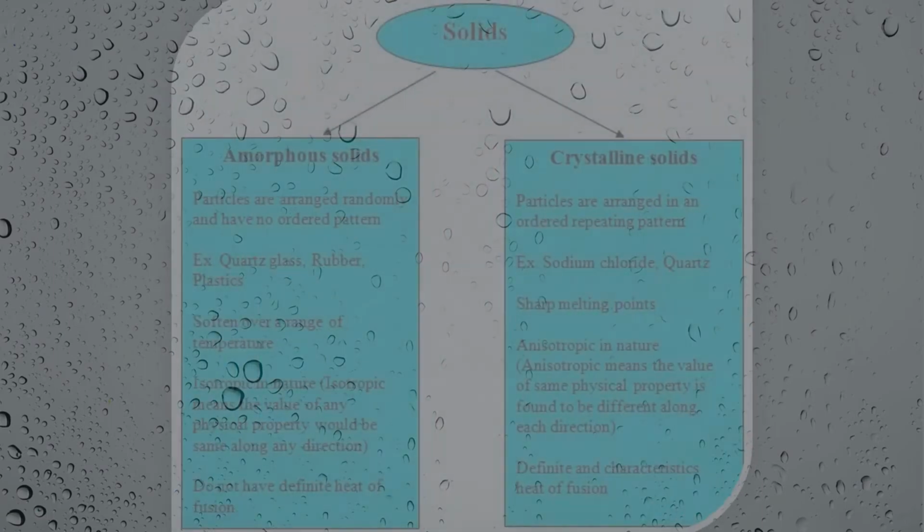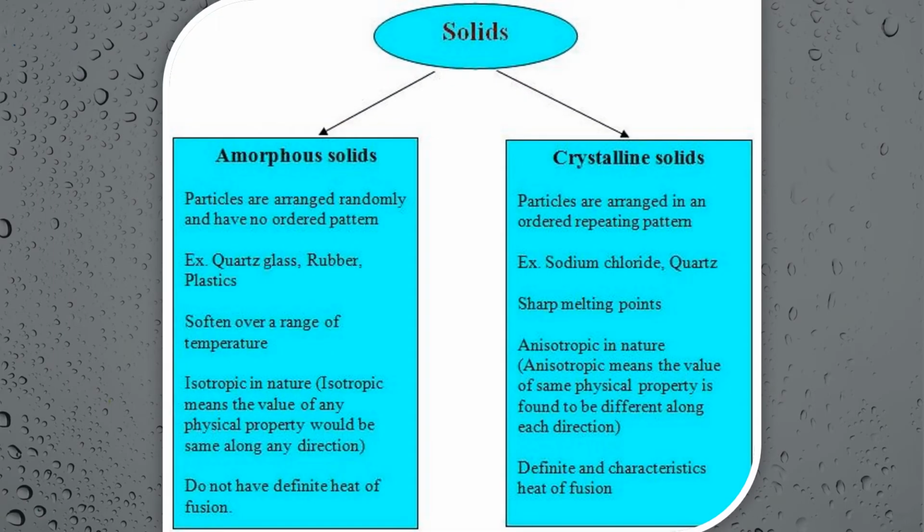There are 2 types of solids. First is amorphous solids. Particles of amorphous solids are arranged randomly and have no ordered pattern. Example: quartz glass, rubber, plastics.